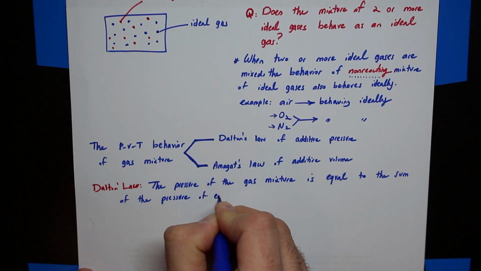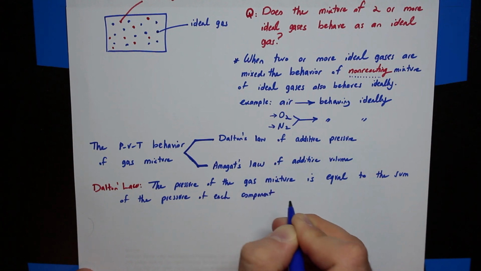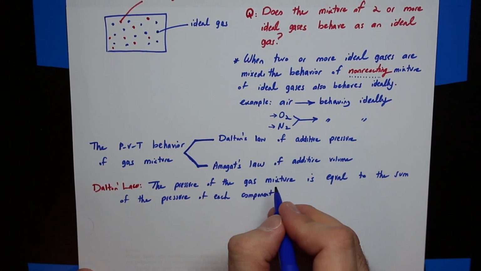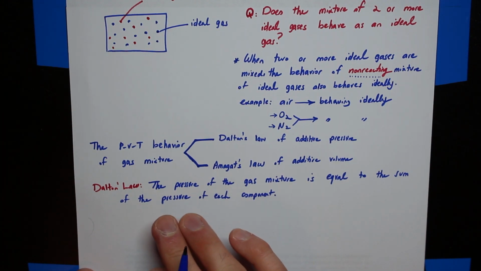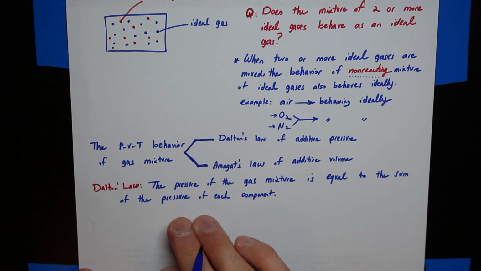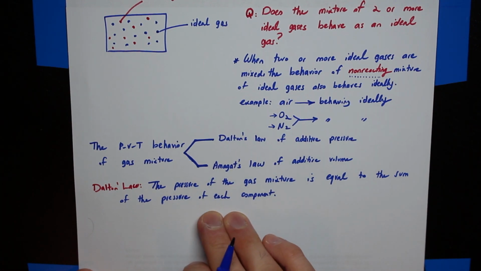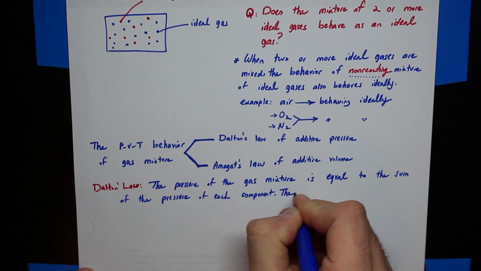Well, I need to clarify that. That pressure of each component is for the case that it was alone within the mixture at the same temperature and at the same volume.